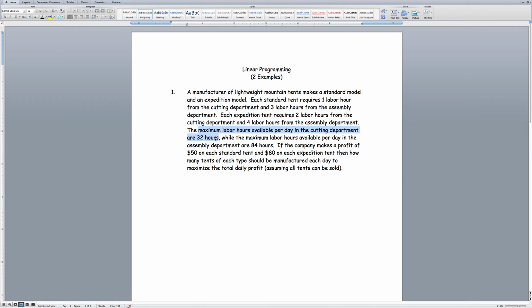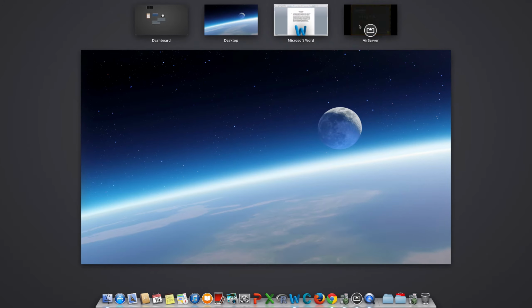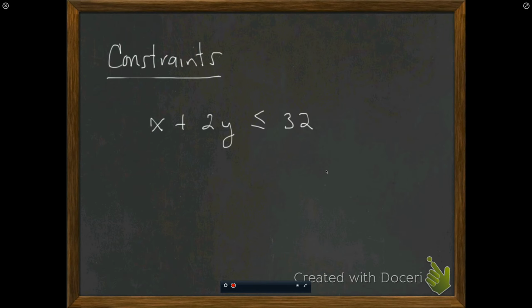So we know that the cutting time for the standard tent and the cutting time for the expedition tent, when we add those together, has to be less than or equal to 32. So to take care of that, I set the first constraint to be X plus Y less than or equal to 32. Guys, X is the total cutting for the standard.